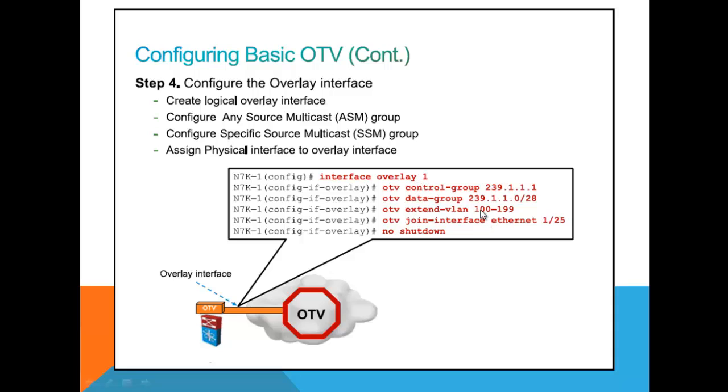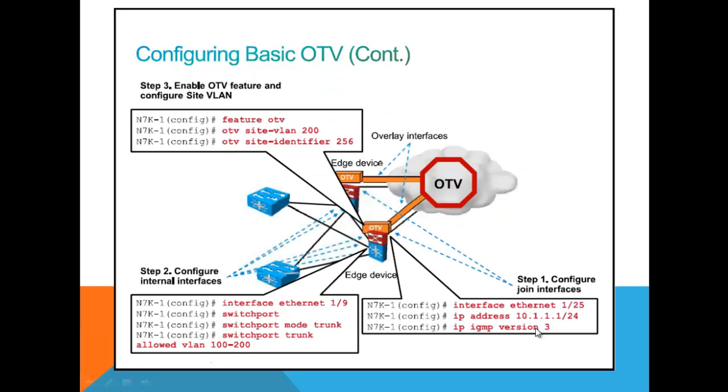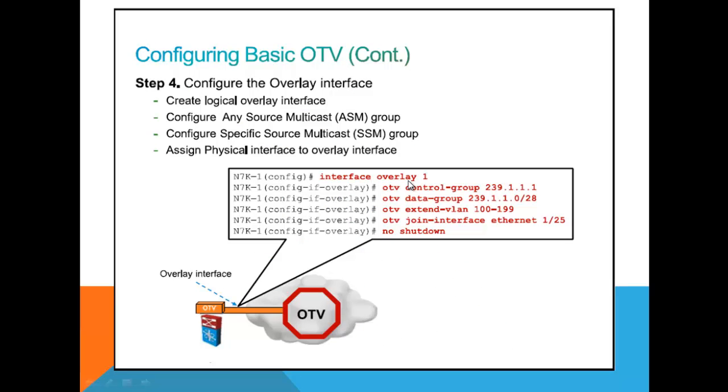If I didn't say this extended VLAN, then it is not allowed. Next, you see, OTV join interface Ethernet 1/25, which is this one. That's why we call this the join interface. It joins to overlay, or overlay joins with this and sends the traffic. And you say no shutdown at last.